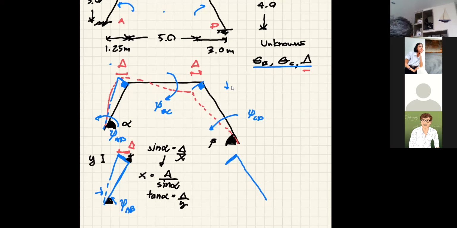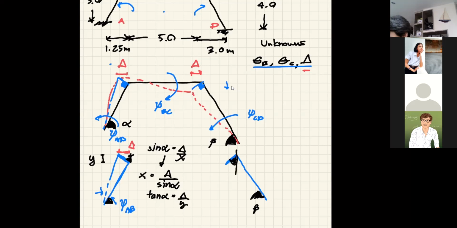So again, if this one is beta, which one is going to be beta? This one, right? That one is beta.